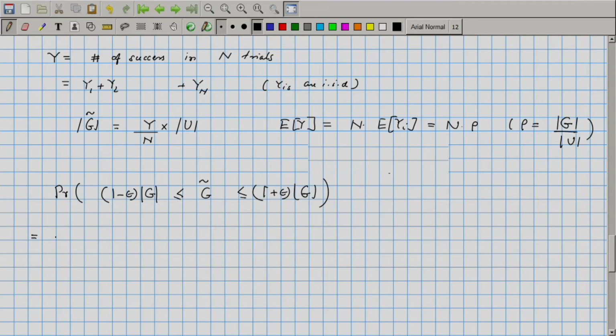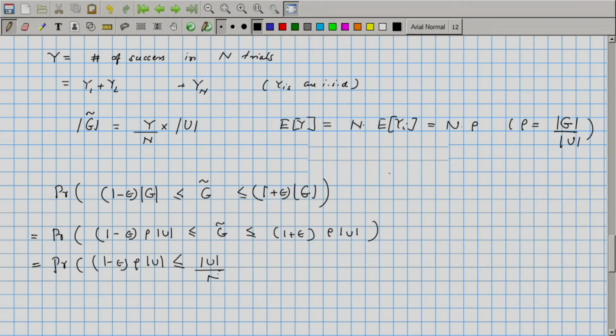So, this probability is going to be equal to the probability that 1 minus epsilon times size of G lies between rho times u, and this is equal to the probability that 1 minus epsilon times rho u lies between g tilde, which is nothing but u divided by n into the summation of yi.